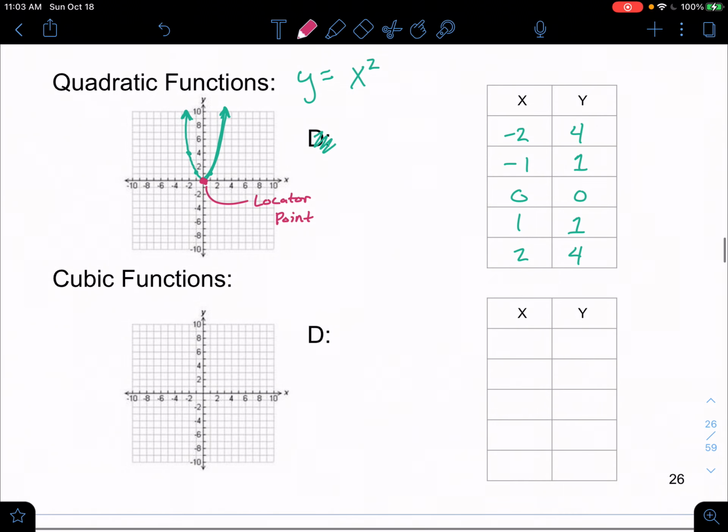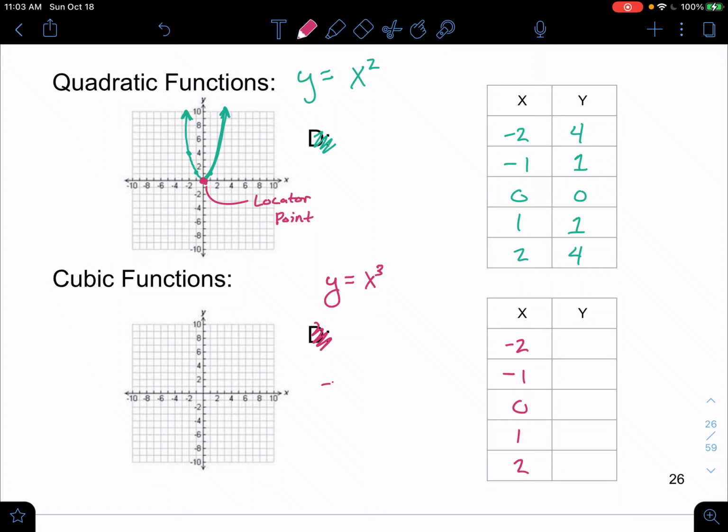The cubic is probably the first one of these where you've maybe never seen the graph or never realized that you are graphing a cubic. But anytime you are graphing a cubic, it is y is equal to x to the third power. So again, we can plug in -2, -1, 0, 1, 2. If you cubed -2, meaning you take -2 times -2 times -2, you will in fact get a -8.